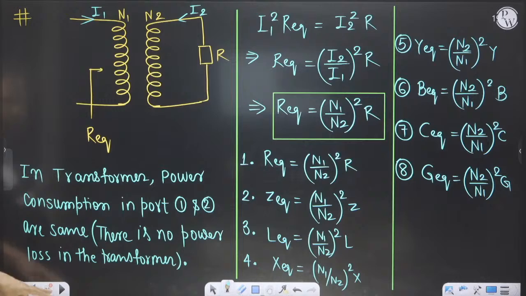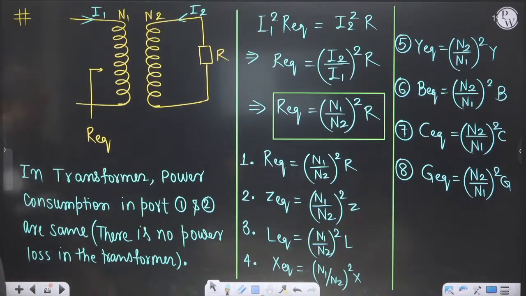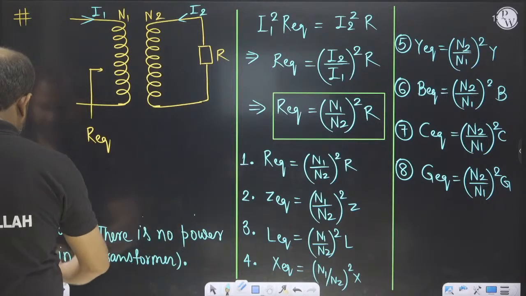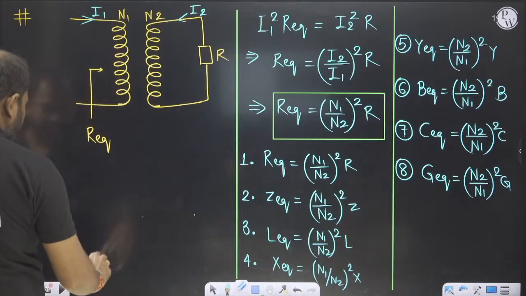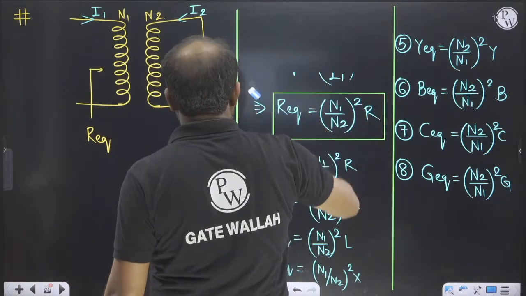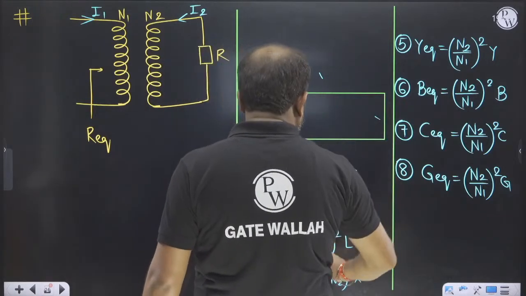Then there is a chance that the ports will be interchanged. That means they will ask, with the resistance connected in the first port on the right hand side, for the second port.